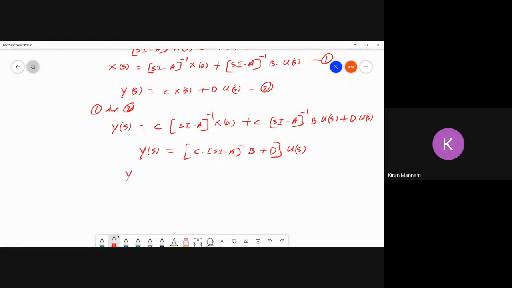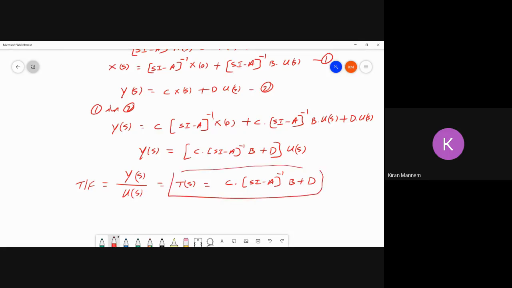So your y of s by u of s, which is nothing but your transfer function, I can simply represent as T of s, would be C into (sI minus A) inverse into B plus D, right? So this is your transfer function from the state model, right?